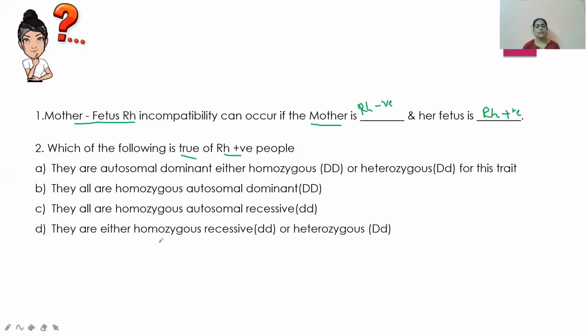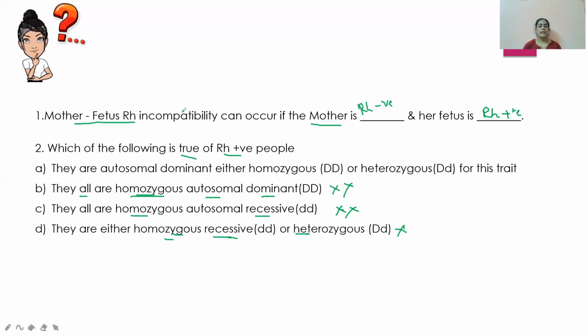The first option says homozygous recessive. No, it can be homozygous or heterozygous, but it is not recessive. The D antigen is autosomal dominant, so this statement is wrong. Another says all are homozygous. No, there is also heterozygous, and it is not recessive, so this is also wrong. Another says homozygous autosomal dominant. Yes, it is autosomal dominant, but not all Rh positive people are homozygous, so this is also wrong.